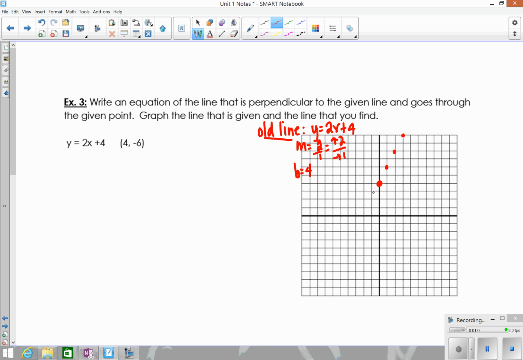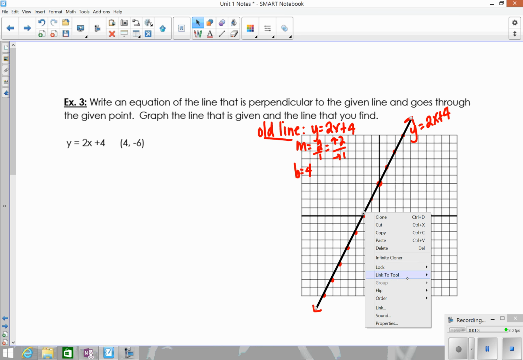And then you can backtrack. Let's go down 2, left 1. And then go ahead and connect that with a straight edge. And we're going to make sure we label this line. Put your arrows on, label it y equals 2x plus 4. So there's the old line.